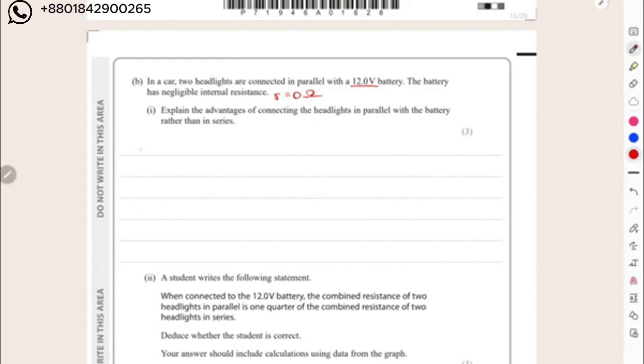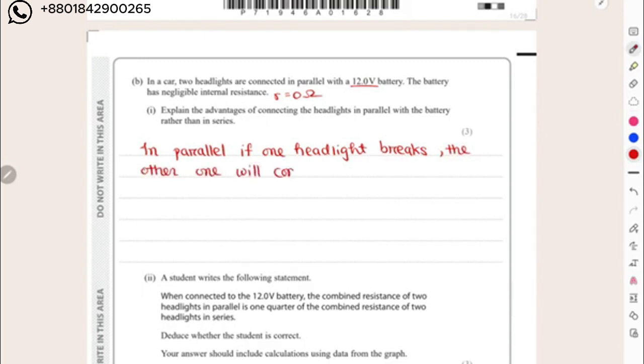So I'll just write that in parallel, if one headlight breaks, the other will continue to work. Also, each headlight now receives 12 volt.